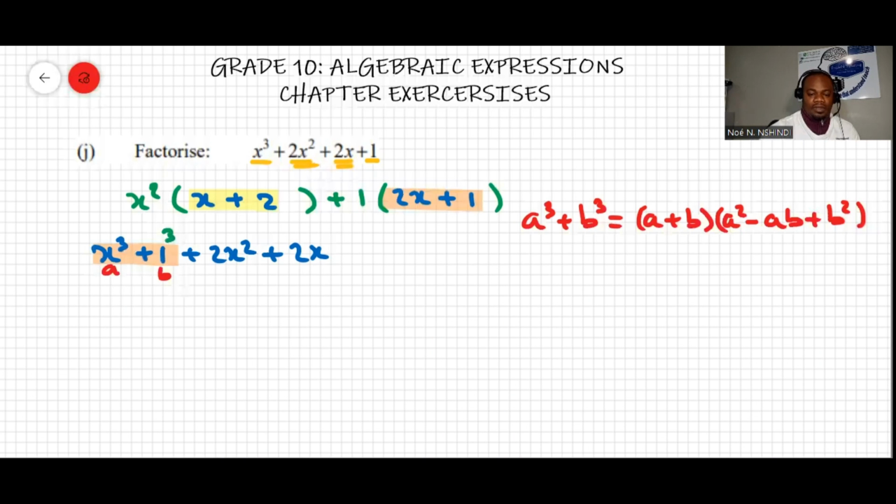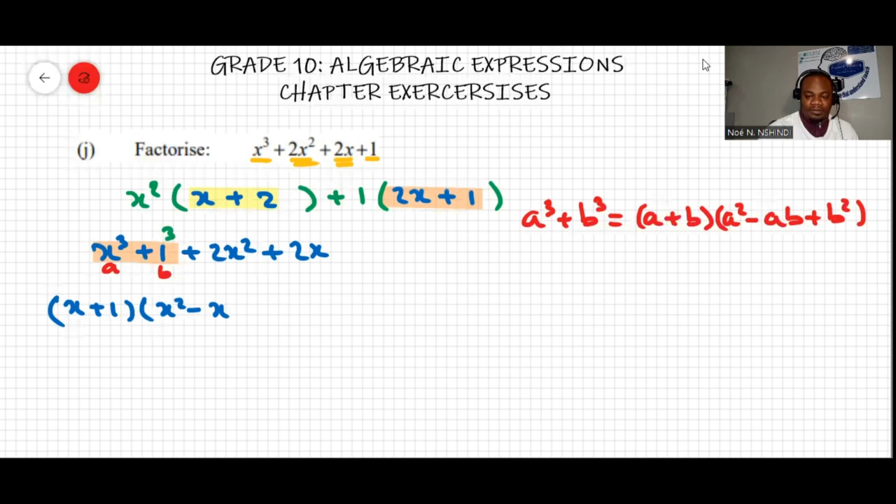So we can factorize it as (x plus 1), open brackets, x squared minus x times 1, that makes just x, and then plus 1 squared, which is just 1. And then these two here, we can take 2x as a common factor, so it's going to be plus 2x. If I take 2x out, I will be left with x plus 1.